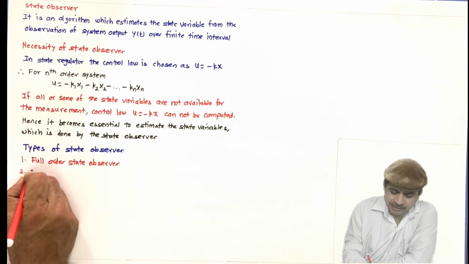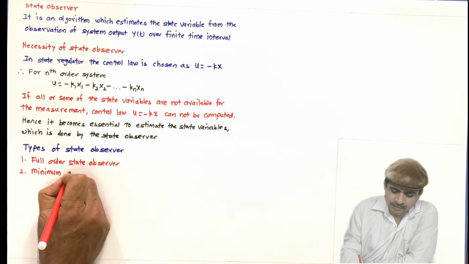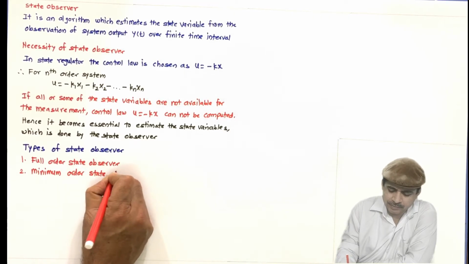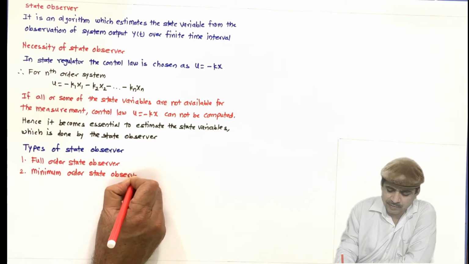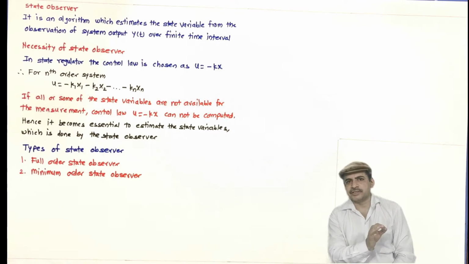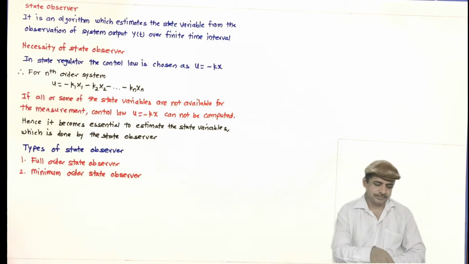Second type is minimum order state observer. This minimum order state observer particularly estimates only those states which are not available for the measurement. It will not estimate the states which are available for the measurement, it will estimate only the states which are not available for the measurement.